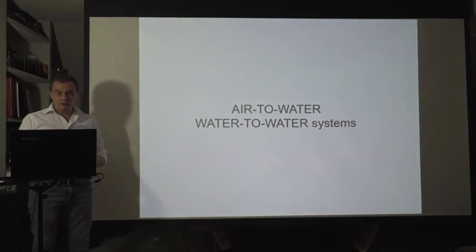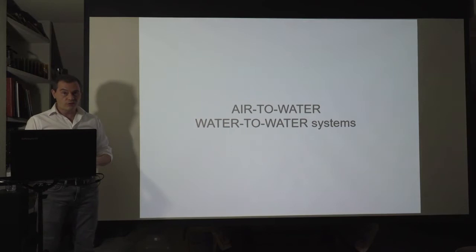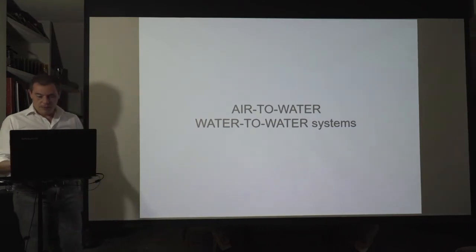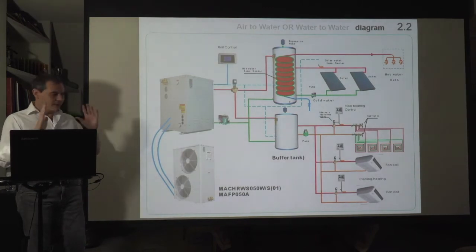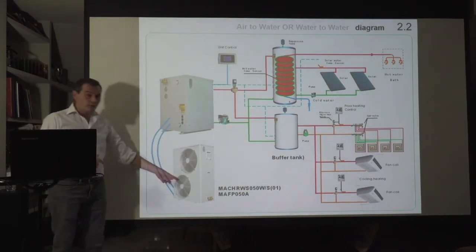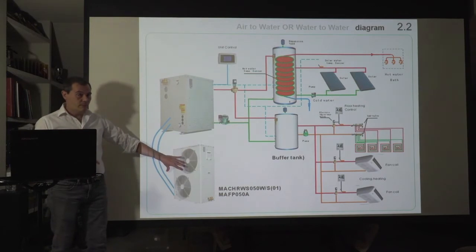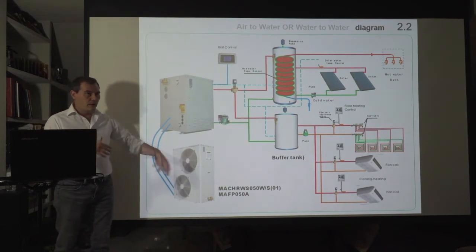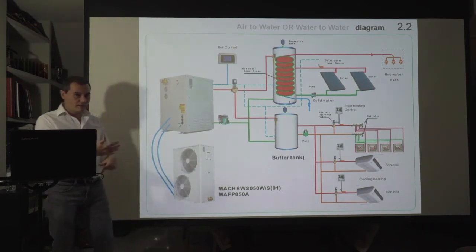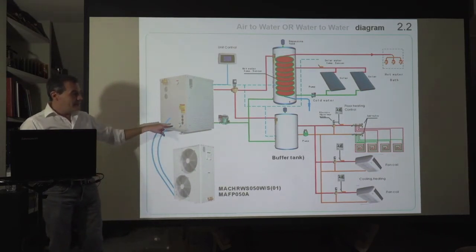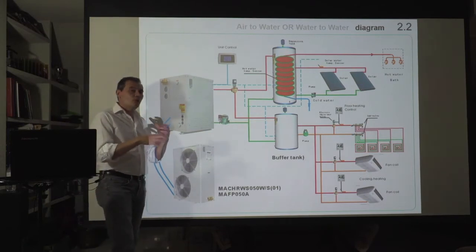Now we're going to talk about air-to-water or water-to-water systems. What is this? Well, it's the same. We need an energy generator, we need a heat pump. The heat pump is something ugly and noisy, so we have to place it outside the building. And inside we don't have something that works with air.